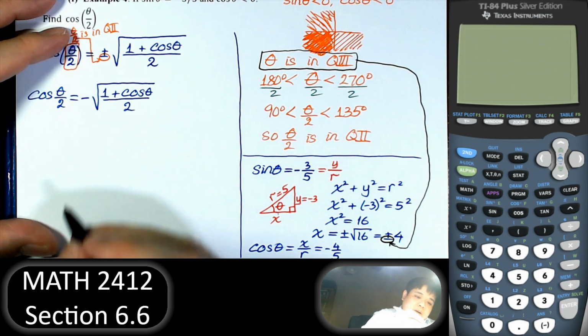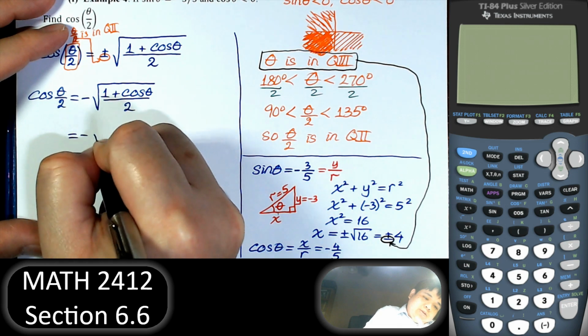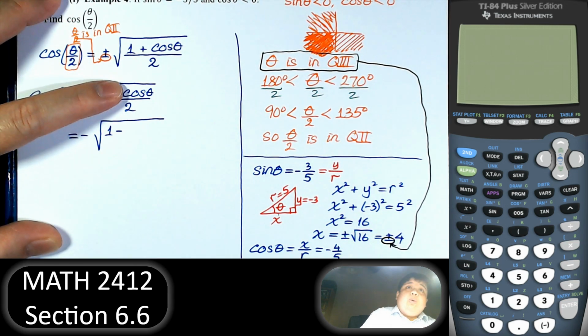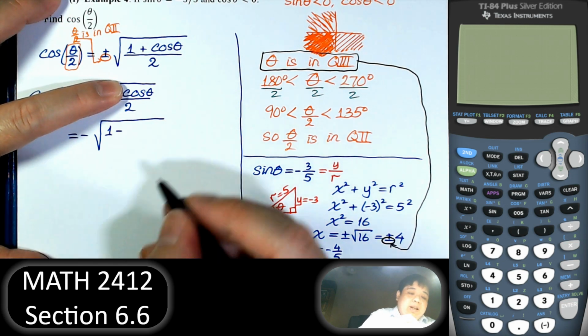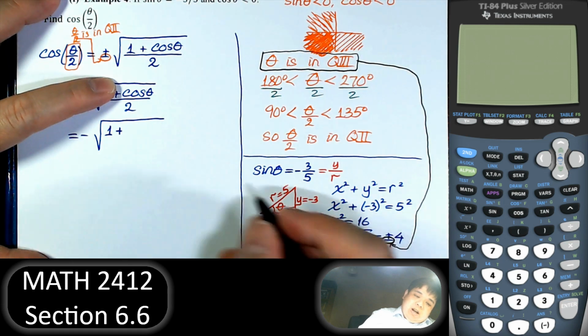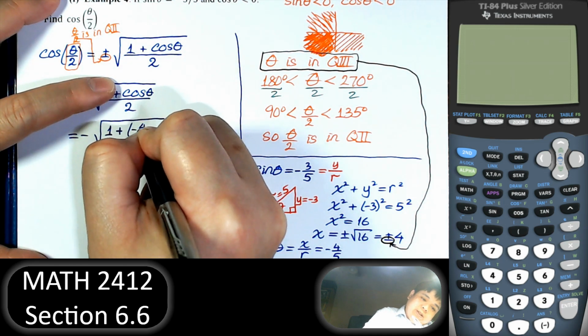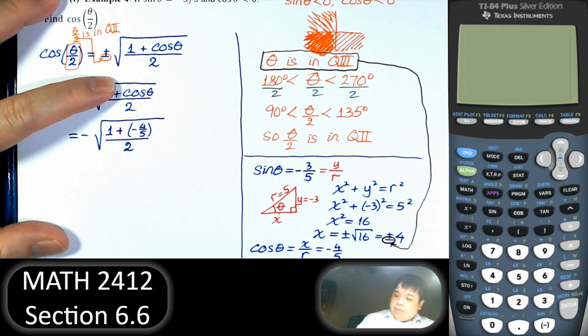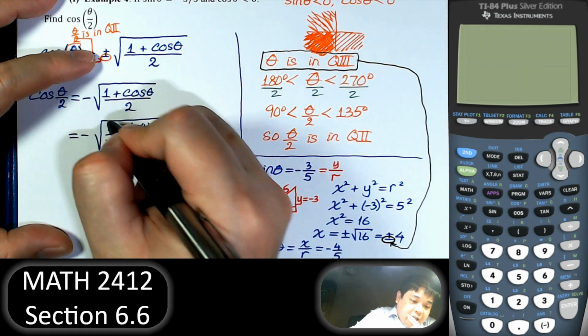Now substitute back into our problem. Negative square root of 1 plus cosine of theta, negative 4/5, over 2. Right.